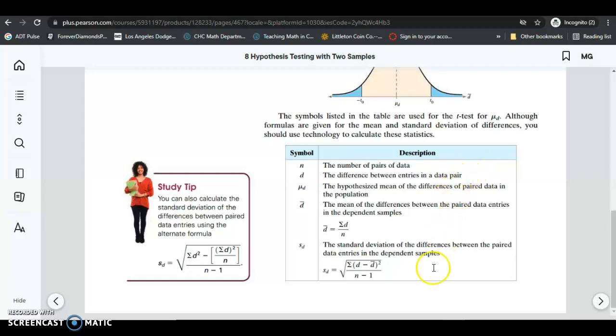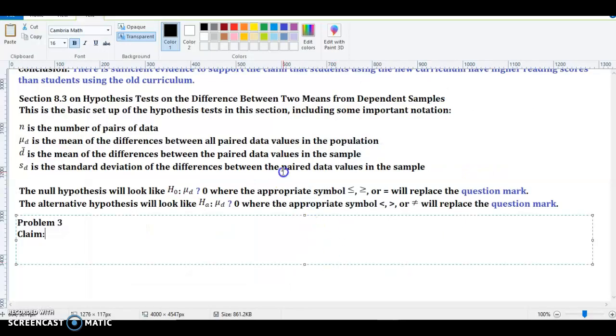Okay, so before we begin the homework, let's go ahead and discuss the basic setup of the hypothesis tests in this section, including some of the important notation that you'll be using. So in this section, N will stand for the number of pairs of data.